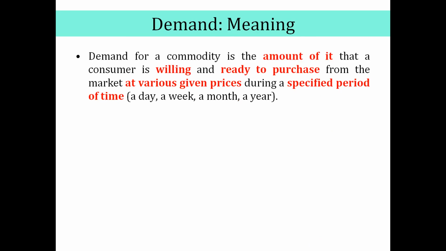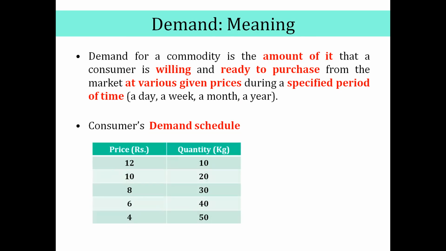Demand for a commodity is the amount of it that a consumer is willing and ready to purchase from the market at various given prices during a specified period of time, which is generally a day, a week, a month, or a year. Demand is indicated by a consumer's demand schedule.